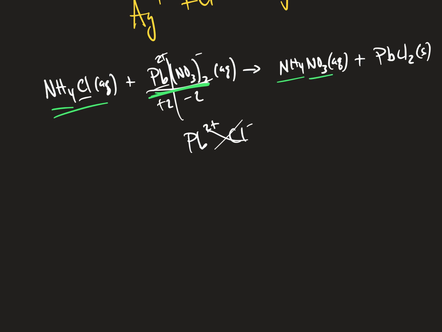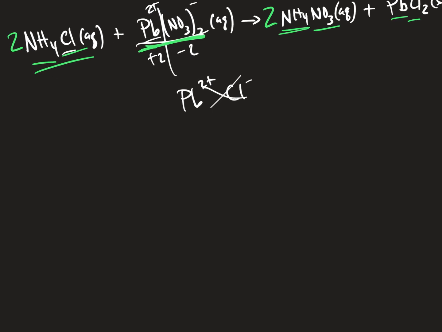We just have 1, so we better put a 2 right there. You following? Since we put a 2 right there, that means we have 2 ammoniums on the right. How many do we have on the left? One. Just 1, so we better put a 2 right there. That means we have how many chlorines now? 2. And so we look on the other side and we also have 2. Now lead is just 1 of each. So we're good. Are we okay?